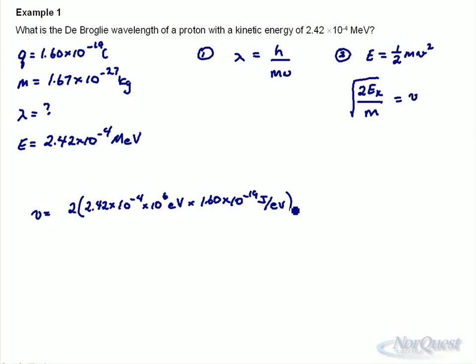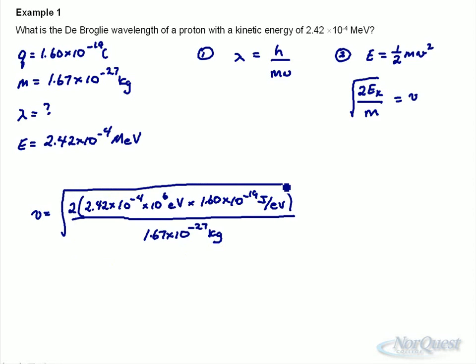We have to get this in the right unit system. Kinetic energy formulas are always in joules. Divide by the mass of the proton, 1.67 times 10 to the negative 27 kilograms. Take the square root. That'll be equal to the velocity.